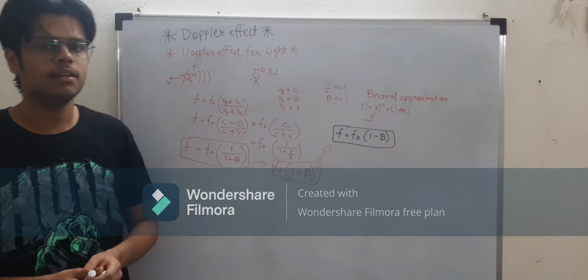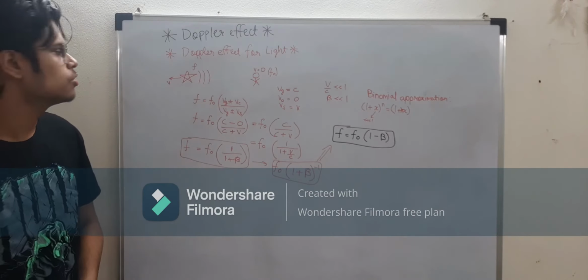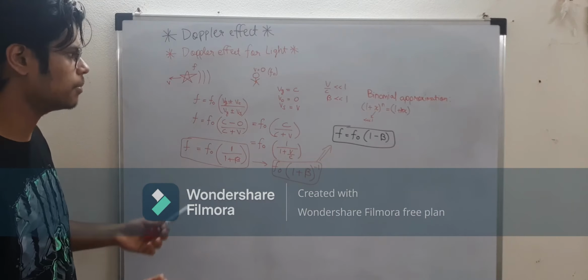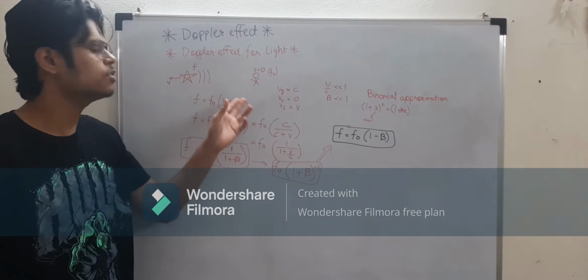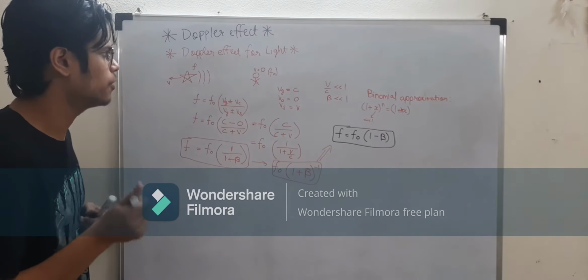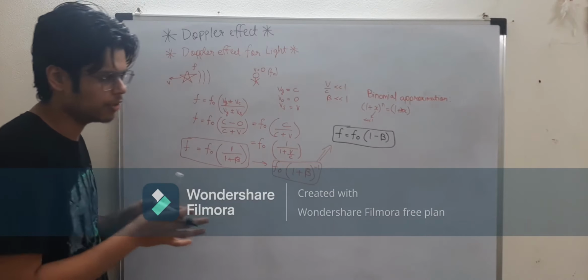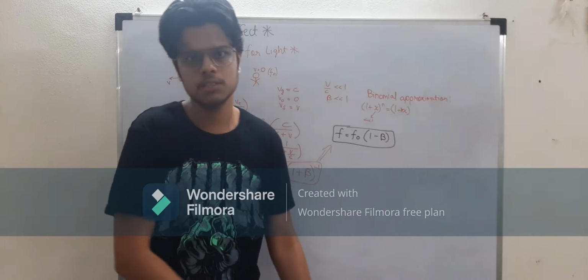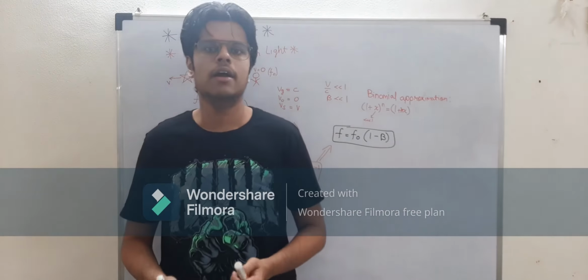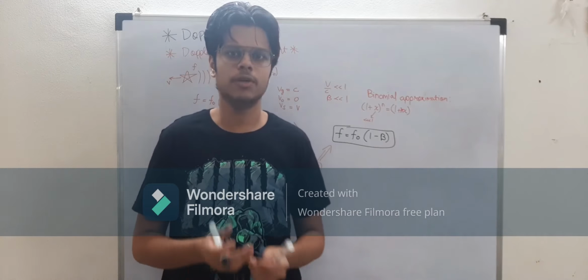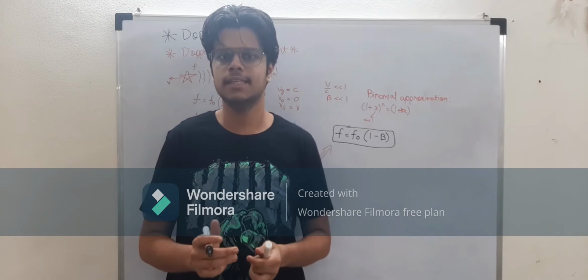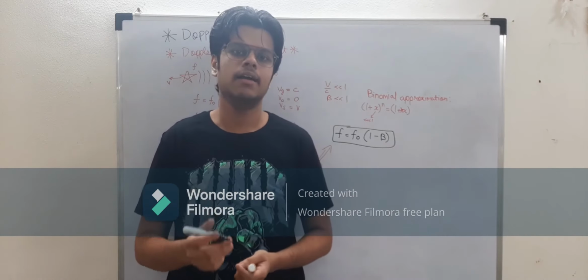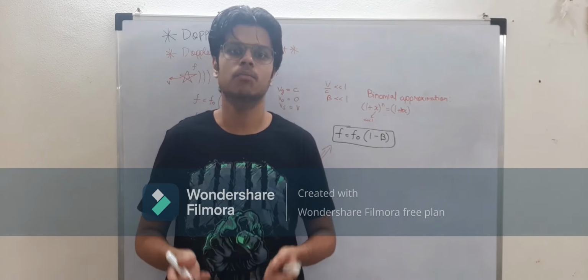Now what can I tell about the color of the star? Usually the star is of some color, but it will appear to me that the star is reddish. So in this phenomenon where the object is moving away from us, and the object is a light source, the frequency of the light source will be less as compared to the source, and the wavelength consequently will be more.